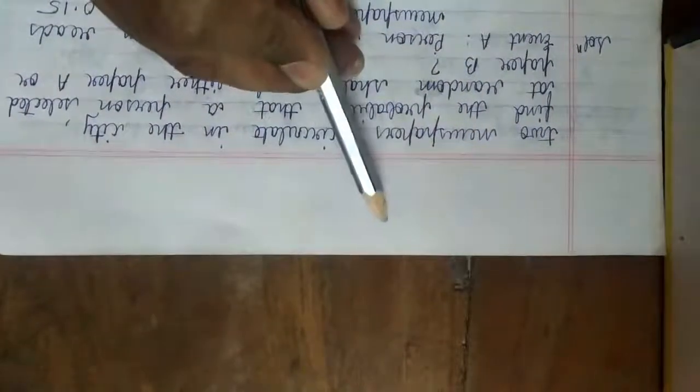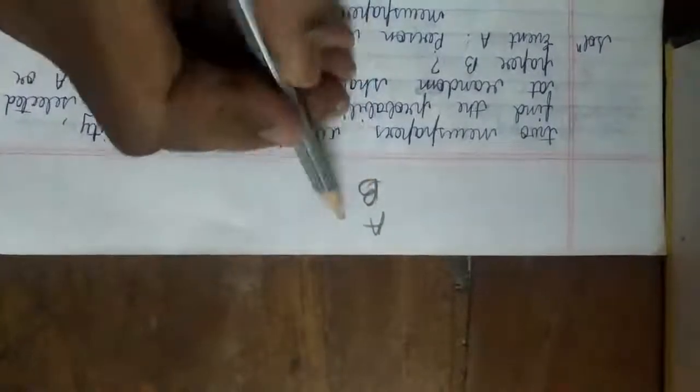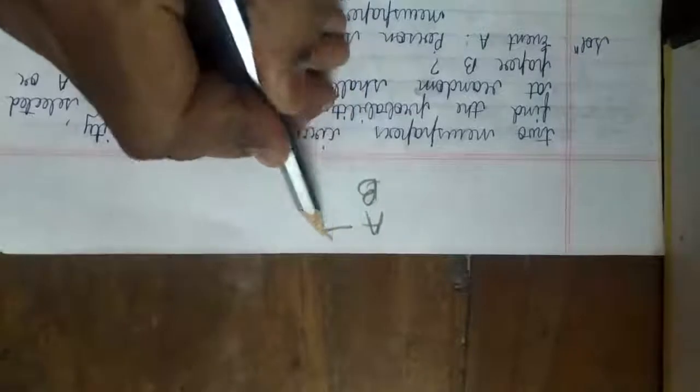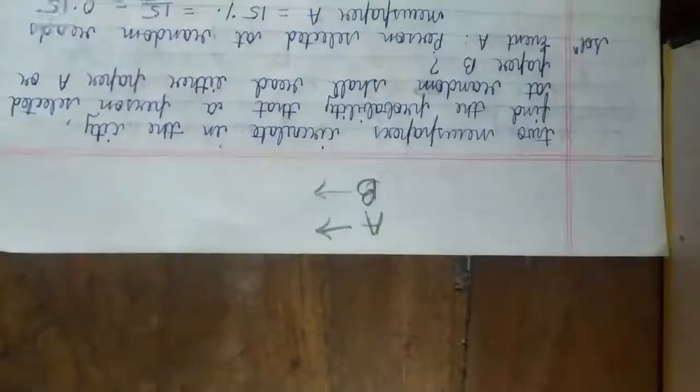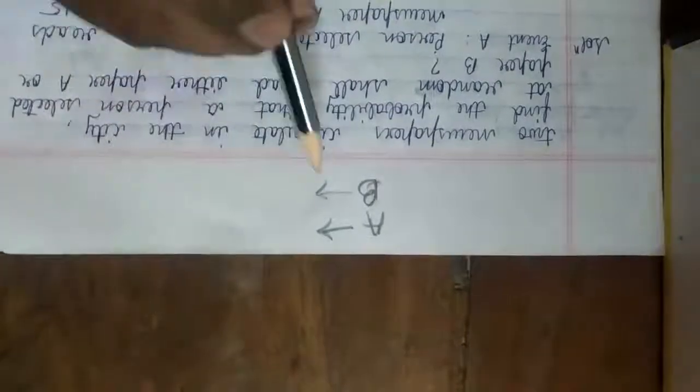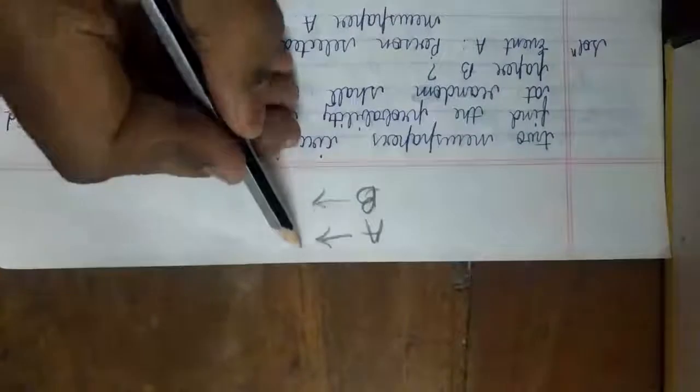So what they have asked here is, there are two newspapers and only two newspapers are circulated in the city, A and B. Now, out of this, if we see how many people read newspaper A, they have said that it is 15%.